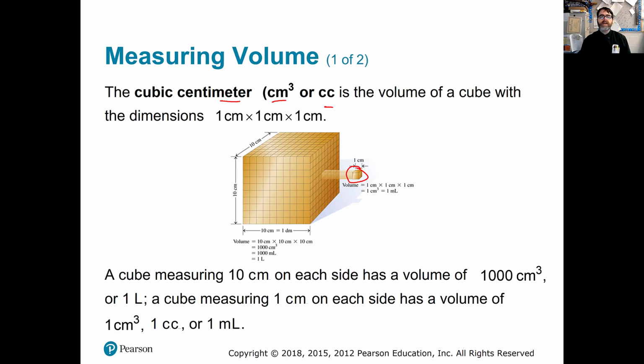But it turns out that if you have a 10 by 10 by 10 instead, that is the same as 1 liter, or that a 1 centimeter cubed is the same as 1 milliliter.